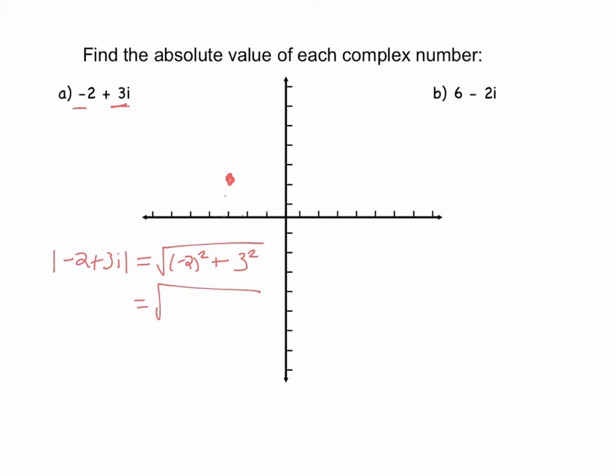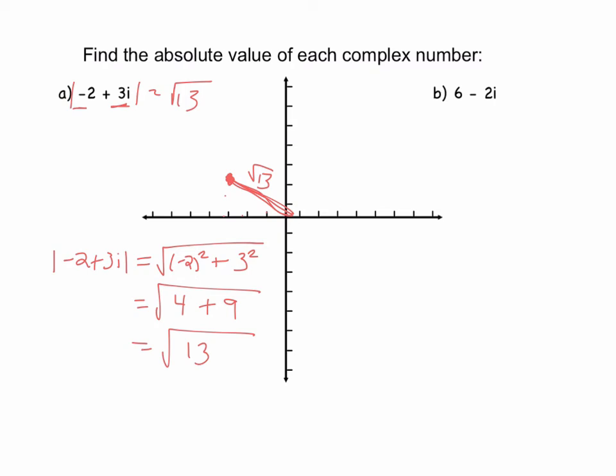So negative 2 squared, negative 2 times negative 2, gives you positive 4. And then 3 squared is 9. So the absolute value of negative 2 plus 3i ends up being the square root of 13. That would be the distance from the origin to that point, negative 2 plus 3i.